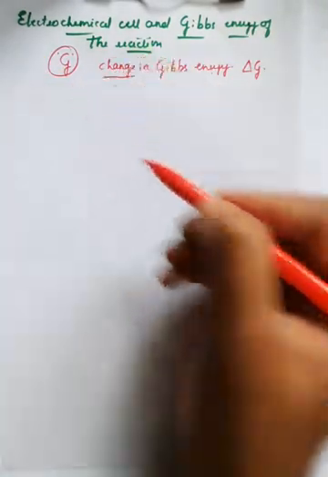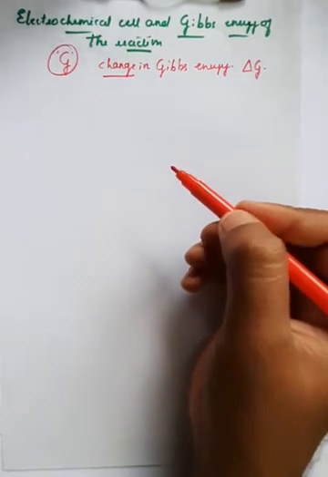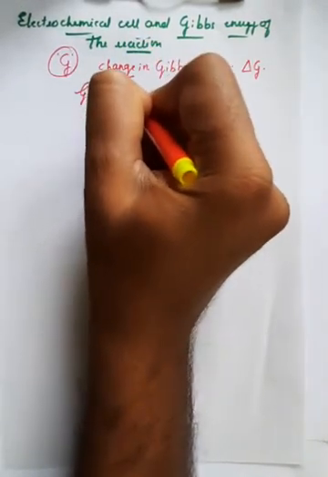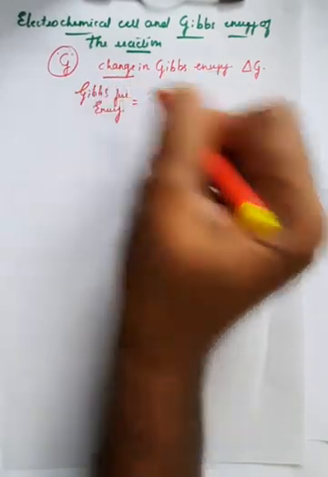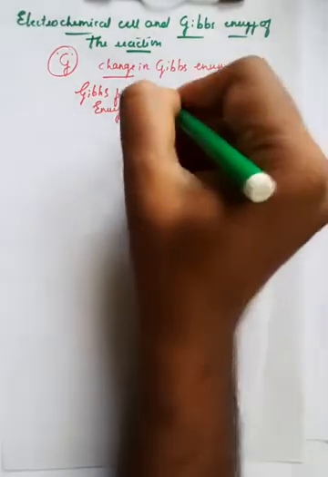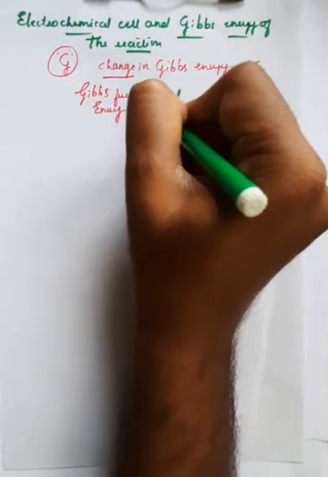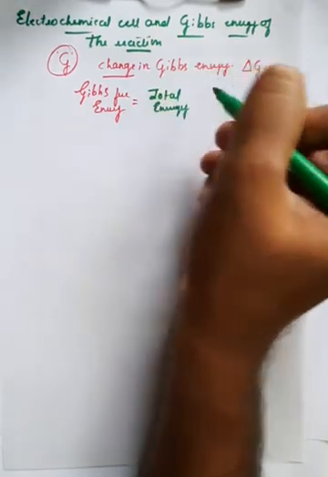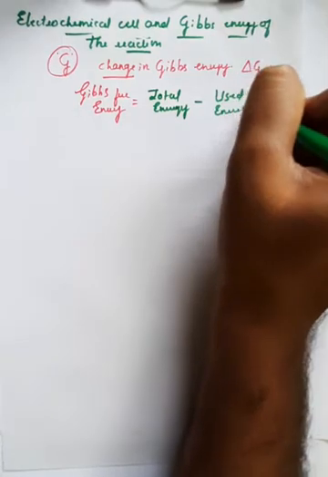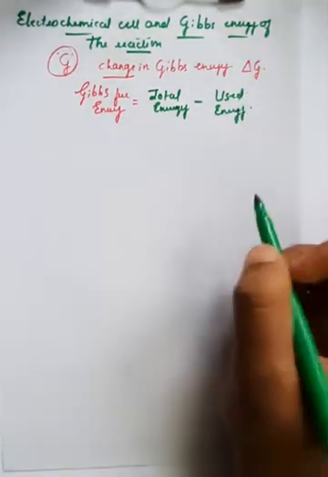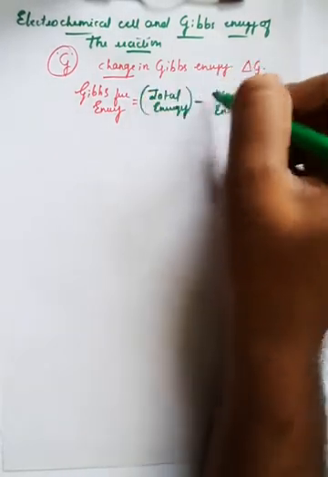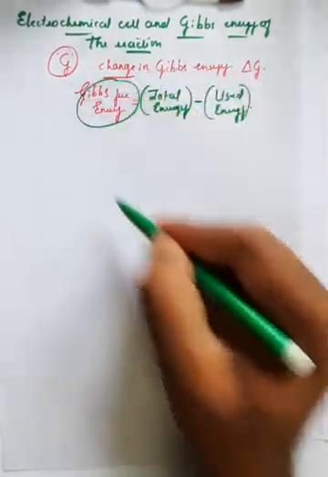Right? So, in simple notation, if you want to define the Gibbs free energy, it is equal to total energy minus used energy. Whatever total energy is present within the body, minus used energy, you get some amount of free energy, and that free energy is called Gibbs free energy.